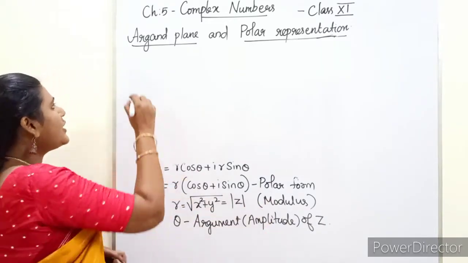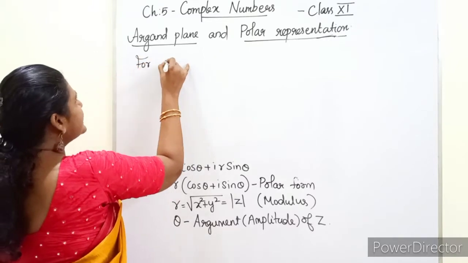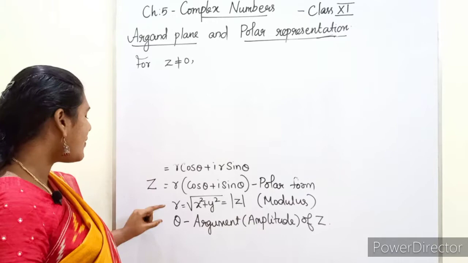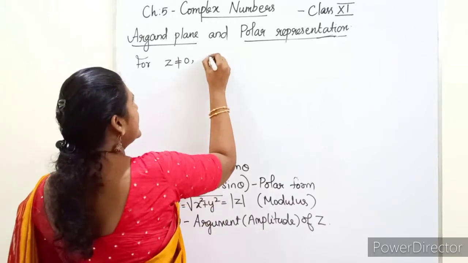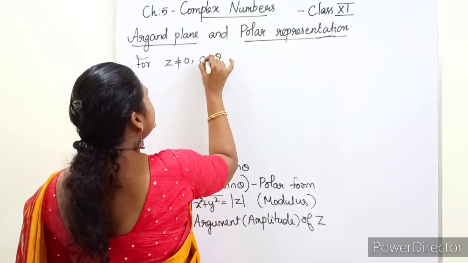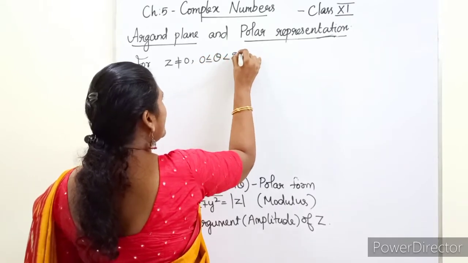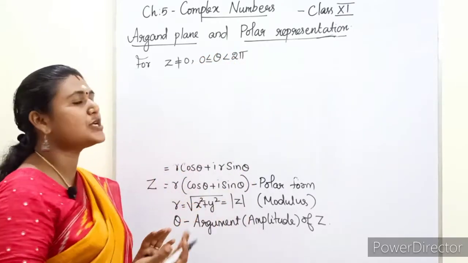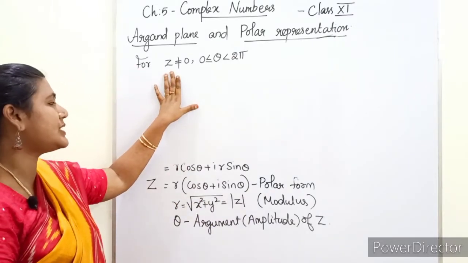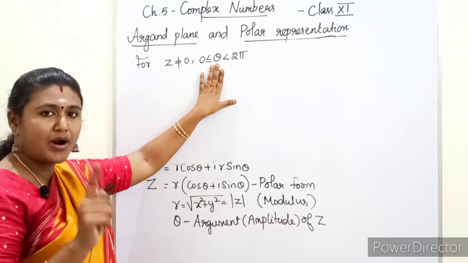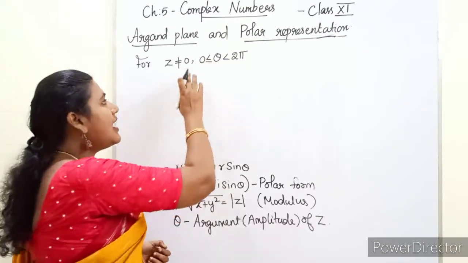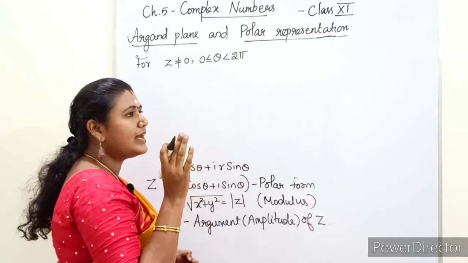Now for every complex number z not equal to 0, there corresponds only one argument. So theta will be only one value and it lies between 0 to 2 pi. Here the interval is of length 2 pi.